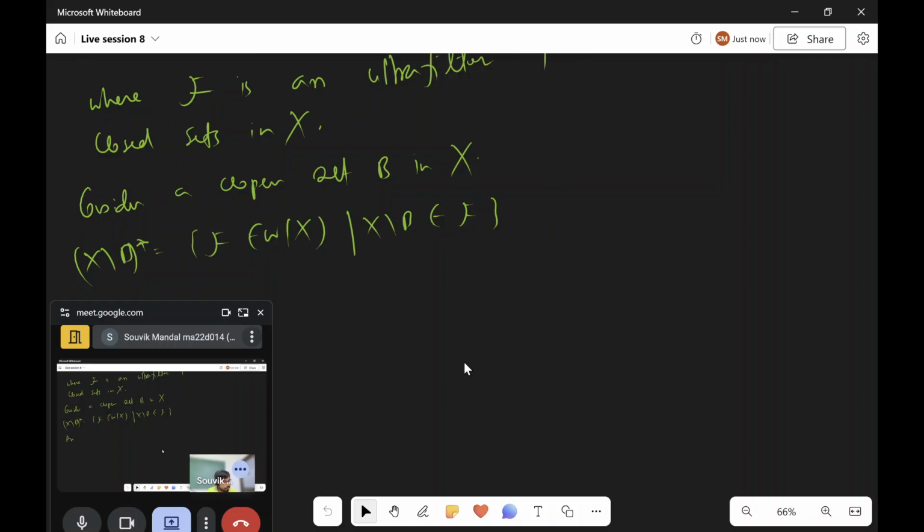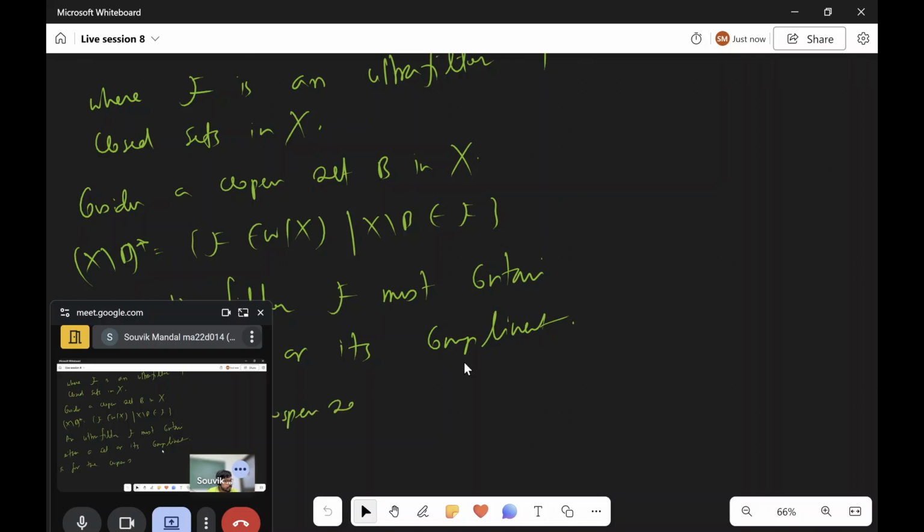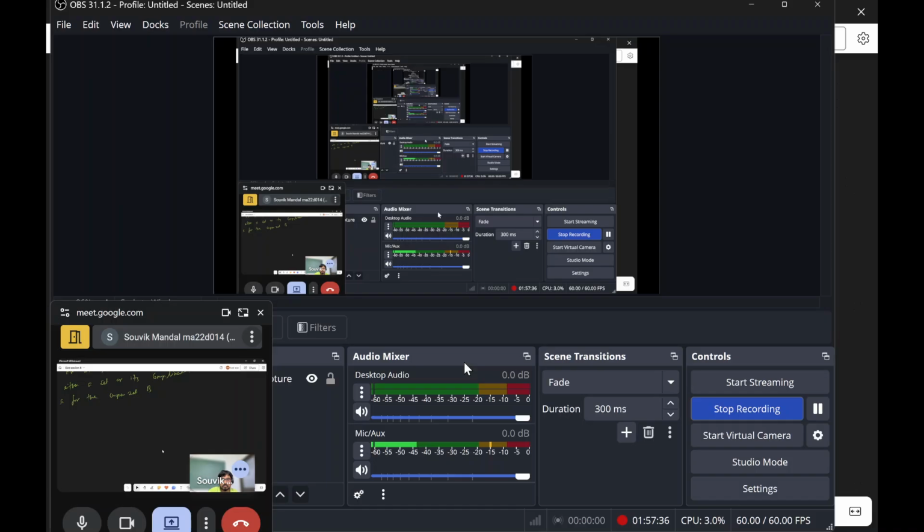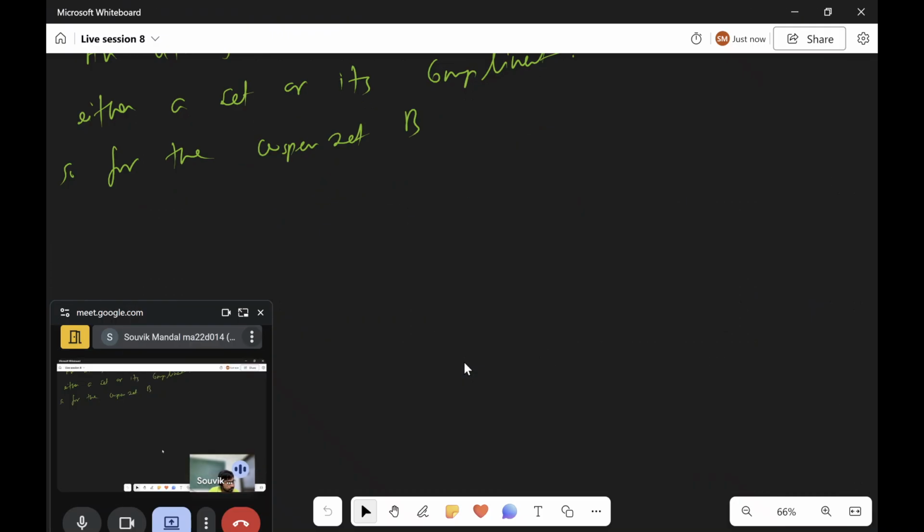Now an ultrafilter F must contain either a set or its complement.